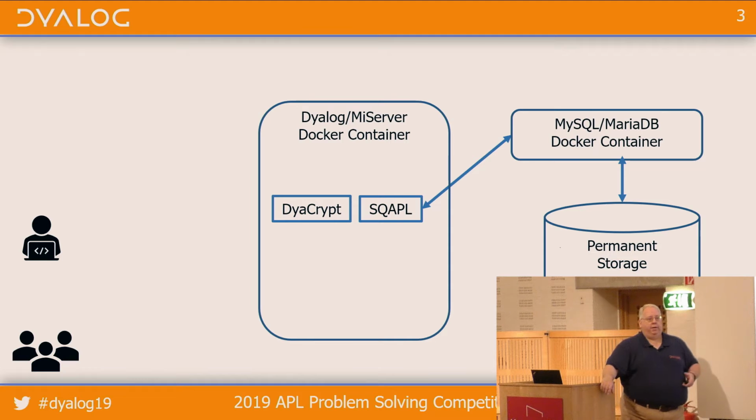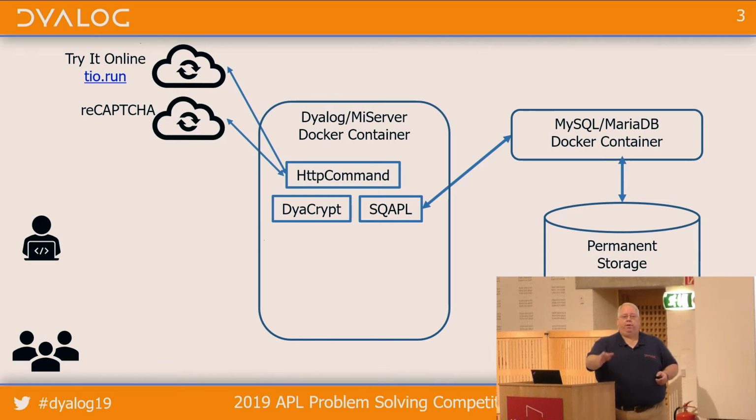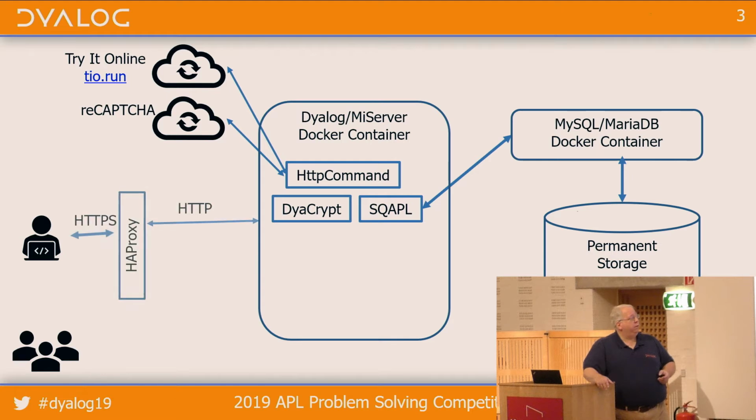And then I need Dyalog cryptographic library to hash those passwords, because you don't want to store passwords in plain text. And then we have HttpCommand to access Try It Online, and also reCAPTCHA so that we can try and filter out some of those nasty robots and bots out there and have well-validated users.